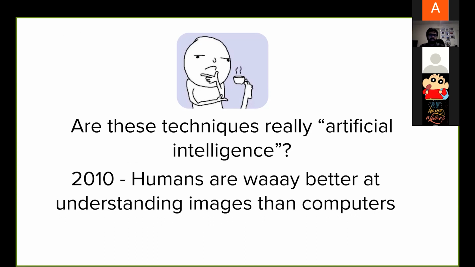But that doesn't make sense, right? It's a wheel. So the problem was that we were explicitly trying to enforce it to learn things based on man-made features such as edges or corners. But then somebody thought, why don't we figure out a way in which the computer can itself identify what are the important things to look at?